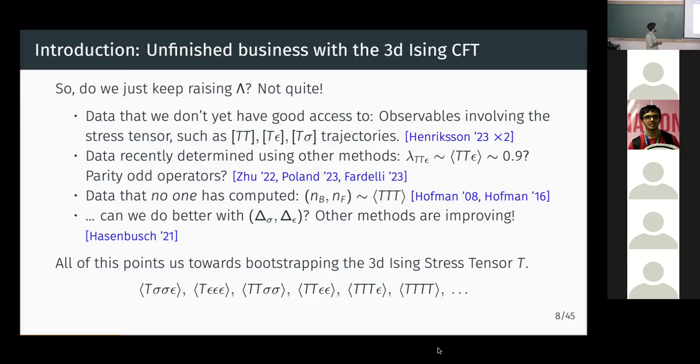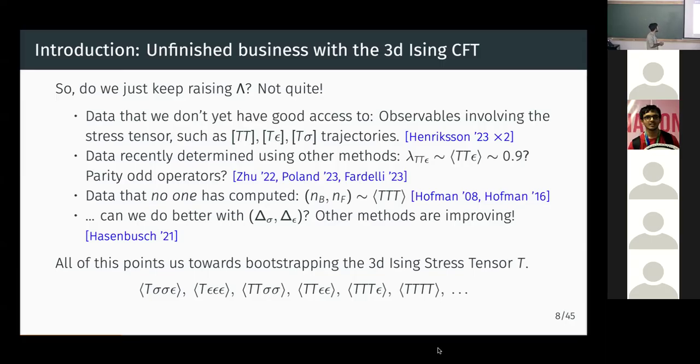Then there's data that no one has actually computed. So this 3-point function here, the TTT 3-point function, has these numbers NB and NF, which I'll talk about a little bit more later. But this data is related to the ANEC condition. These satisfy a positivity relation.